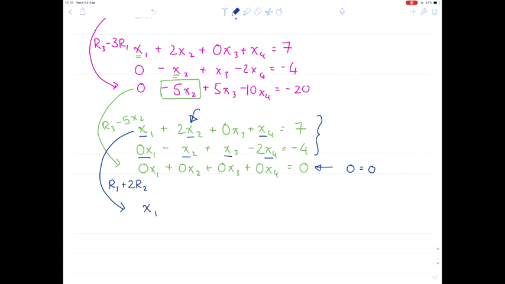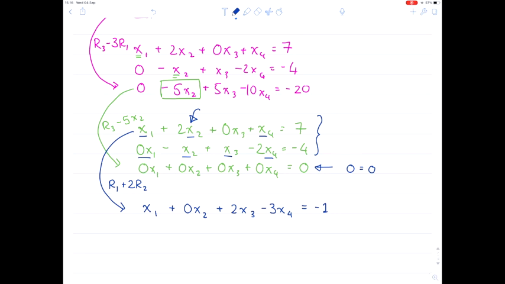That gives me x1 plus 0x2 plus 2x3. And what happens here? We've got an x4 minus 4x4, so that's a minus 3x4. And that's going to be equal to 7 minus 8, so that's minus 1.